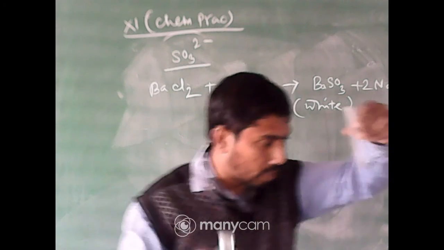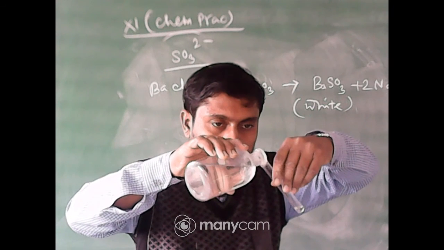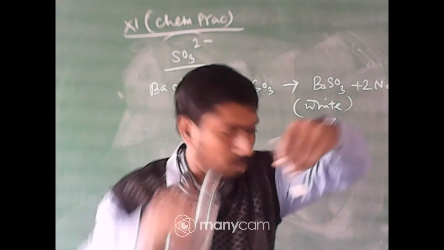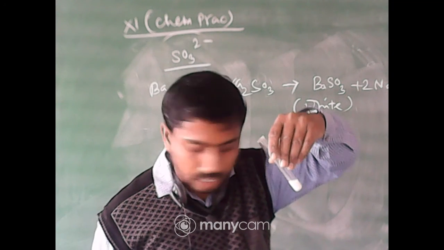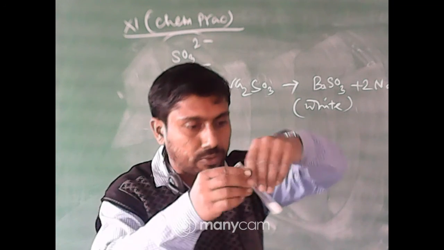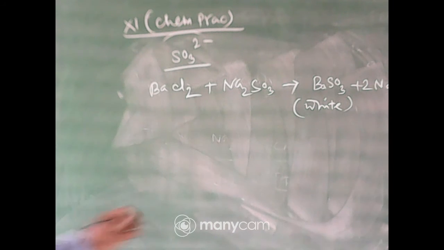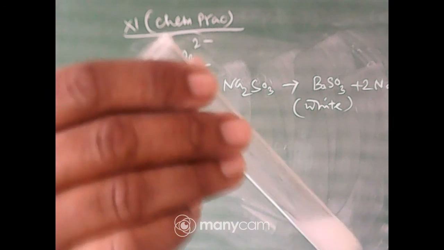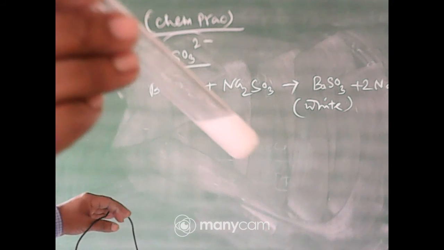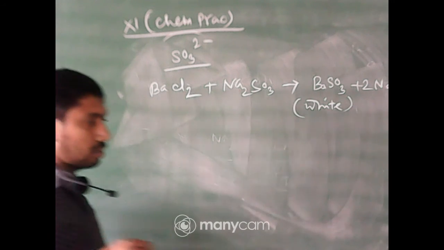So barium chloride, you will look at the bottom of the test tube. What is the color of the PPT formed? White. Okay.